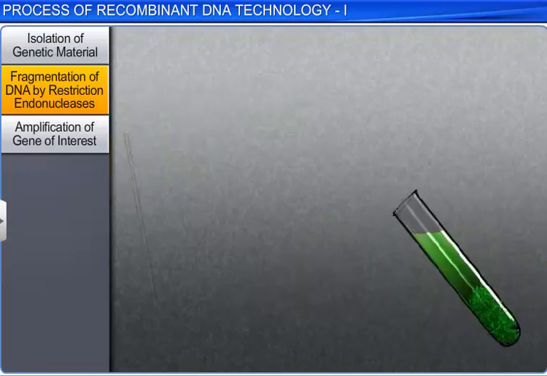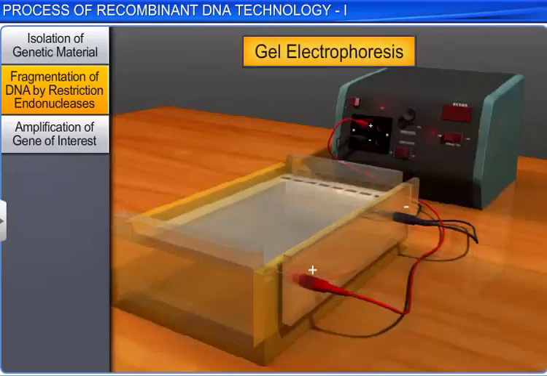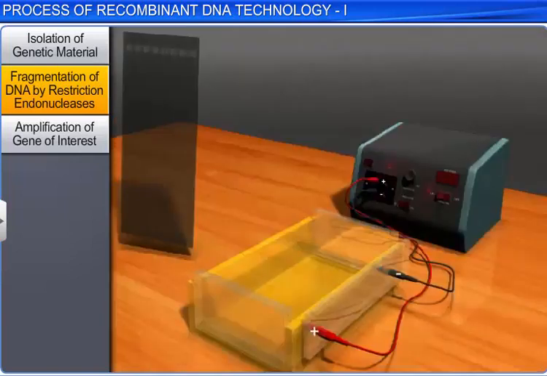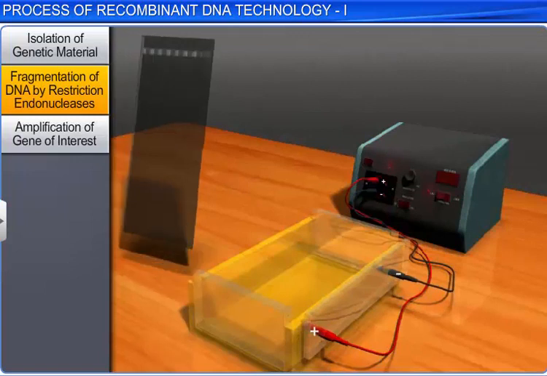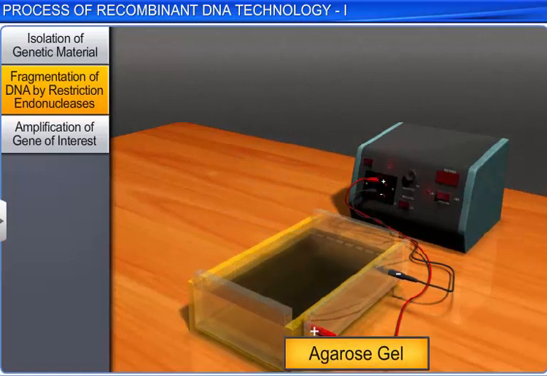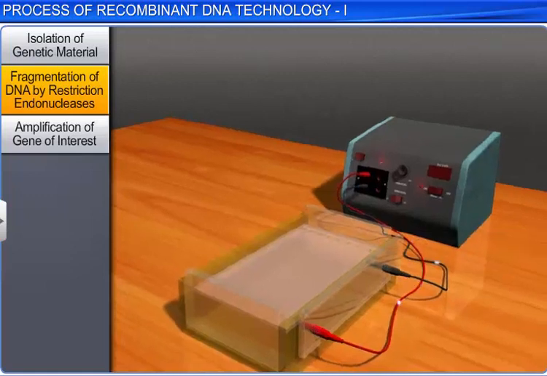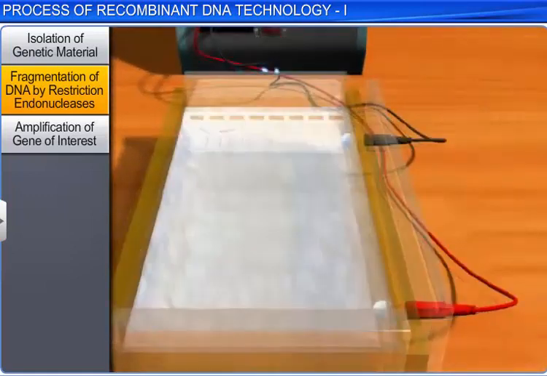The fragmented DNA can be separated according to its molecular weight by using a technique known as gel electrophoresis. It is employed to check the progression of restriction enzyme digestion. Typically, the gels used in this process are prepared using agarose. DNA molecules are separated across a pan of gel motivated by an electrical current.